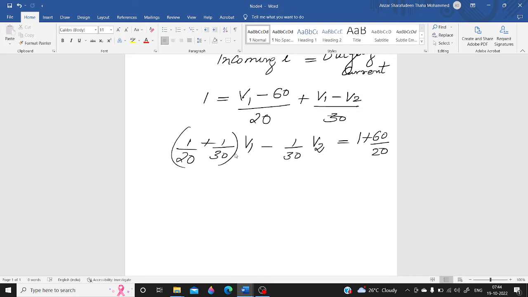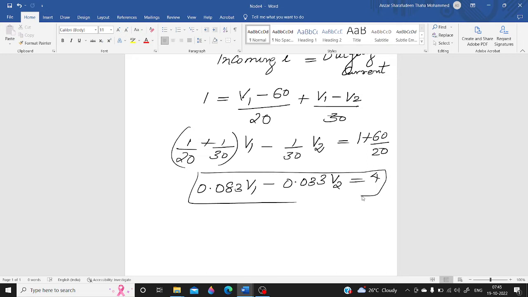Okay. Now, if you simplify this equation, what you will get is 0.083 V1 minus 0.033 V2 is equal to 4. And this will be your first equation. You will get one equation corresponding to each node.